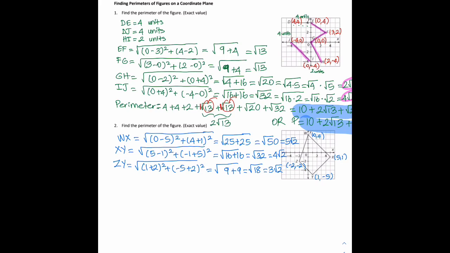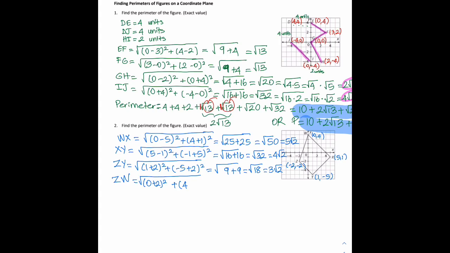And then finally, we have ZW, which will have 0 plus 2 to the second power plus 4 minus that negative 2, which will make each other positive here, 2 negatives.